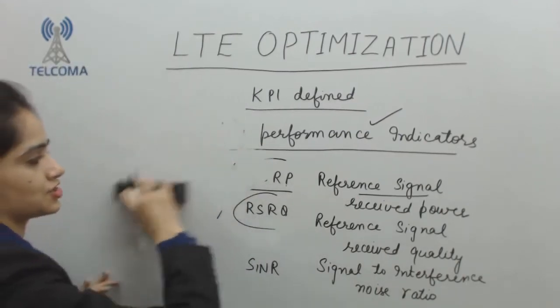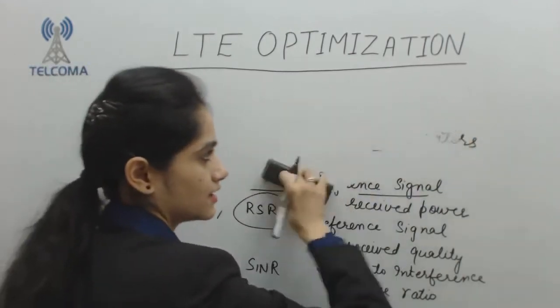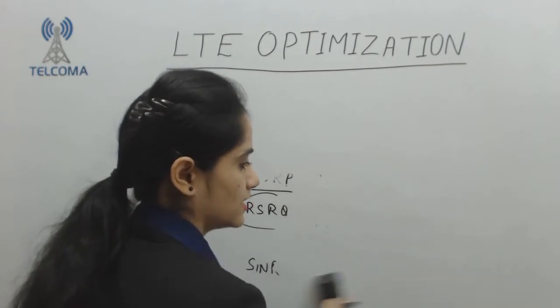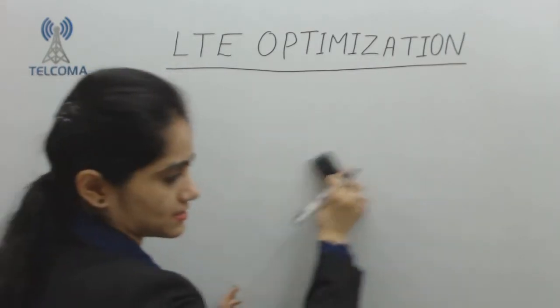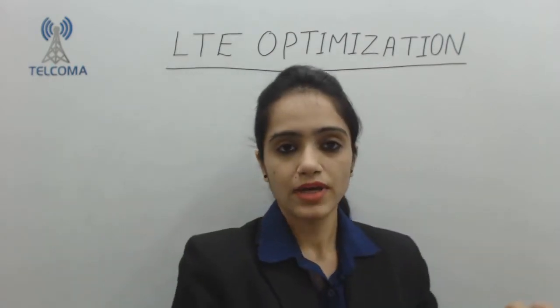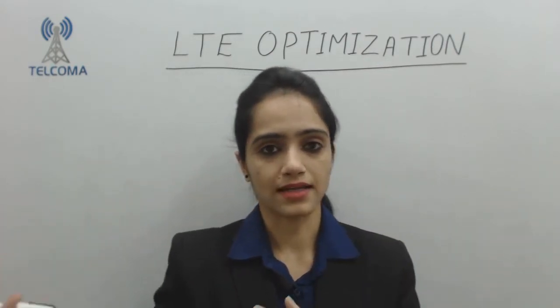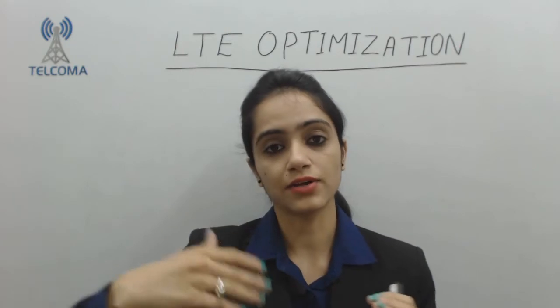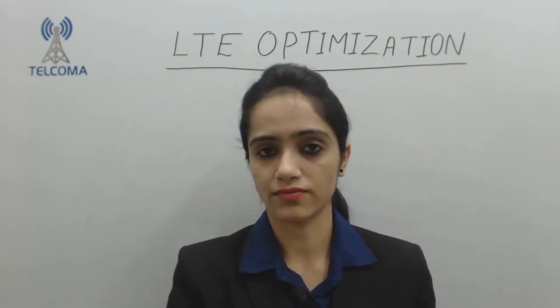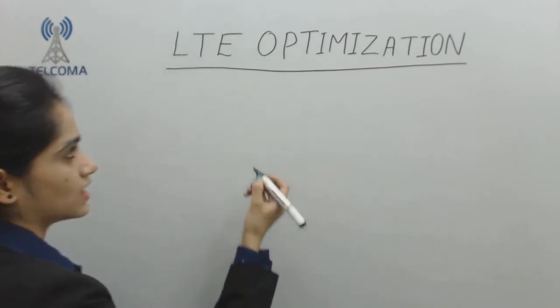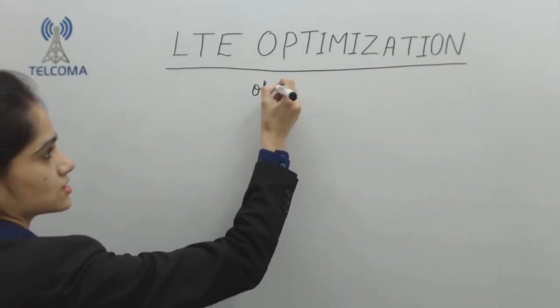Now optimization is basically a process, which means it is divided into a number of parts. We have deployed the network, that means planning. After that, we are using the network. Now we require continuous optimization of that network.